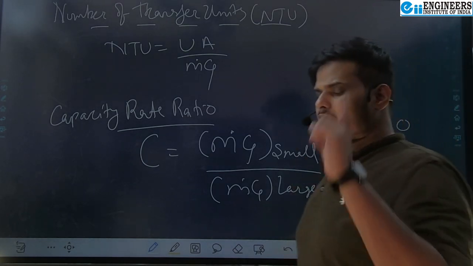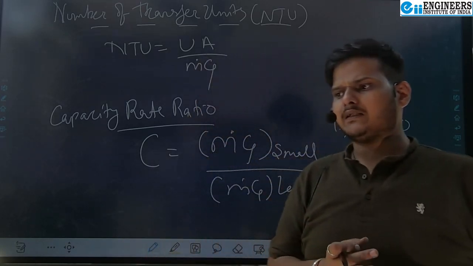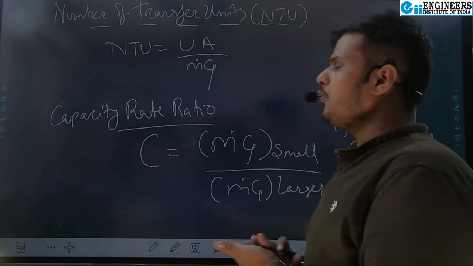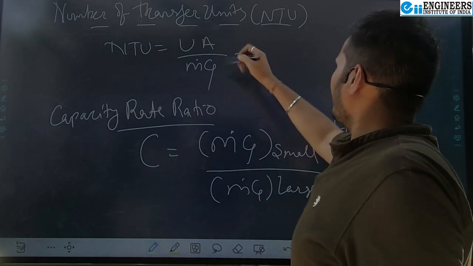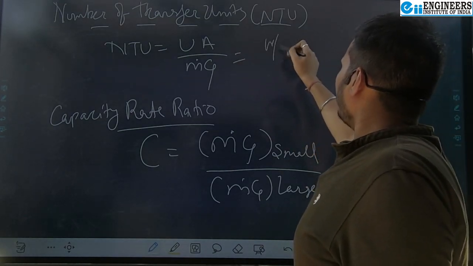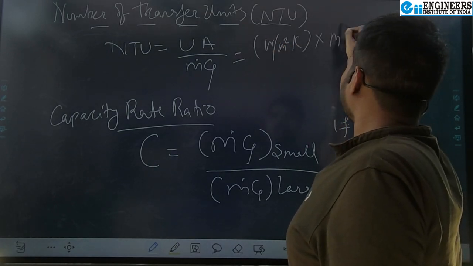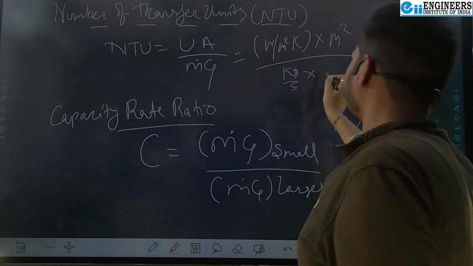So in convection heat transfer, we have come across a terminology, the number of transfer units. NTU is in the form of UA by mCp. What is the unit of U? It is watt per meter square Kelvin, isn't it? Into meter square. What is m? Kg per second. What is Cp?